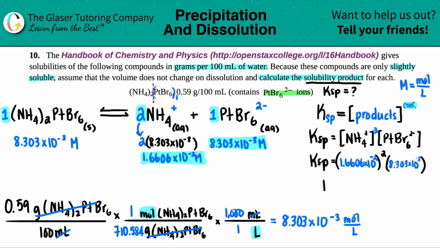And now I'm just going to plug this all into the calculator, and I will get the solubility product. So this squared, and then times by 8.303 times 10 to the negative third. And 2 sig figs, so 2.3 times 10 to the negative sixth. And Ksps are unitless. They have no units, so it's just a number.